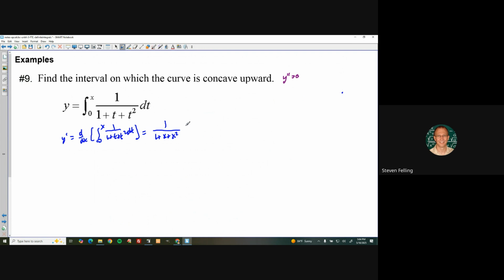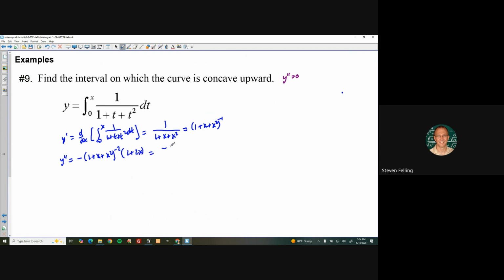Then we can take the second derivative. So I'm going to actually write this as (1 plus x squared) to the negative 1 and use the power rule to take the second derivative. That's negative (1 plus x squared) to the negative 2 times the derivative of the inside, which is 0 plus 2x.